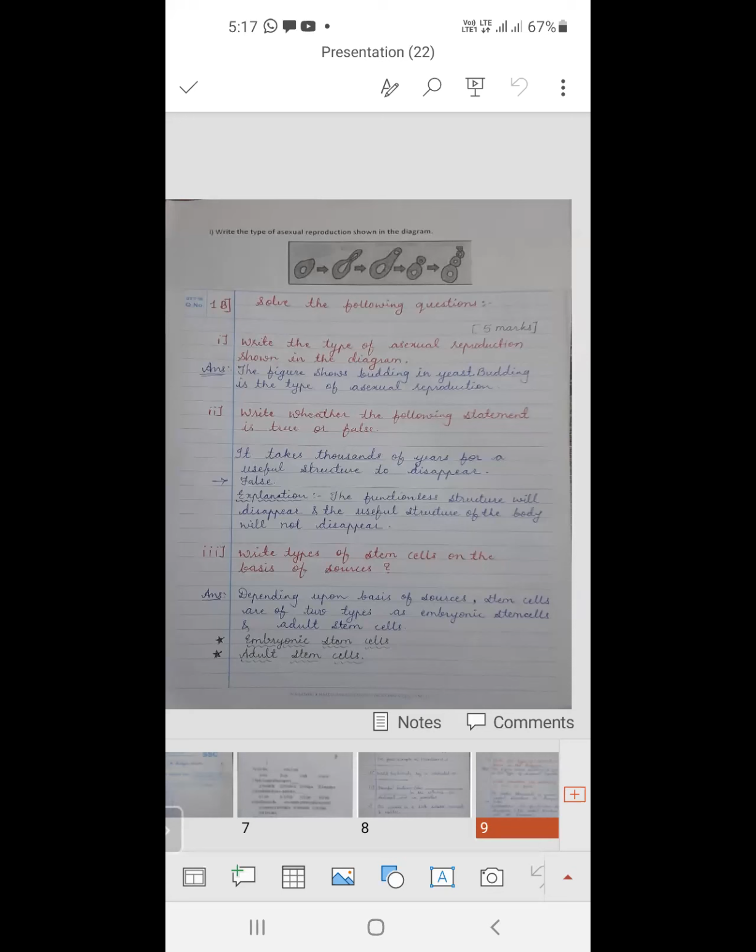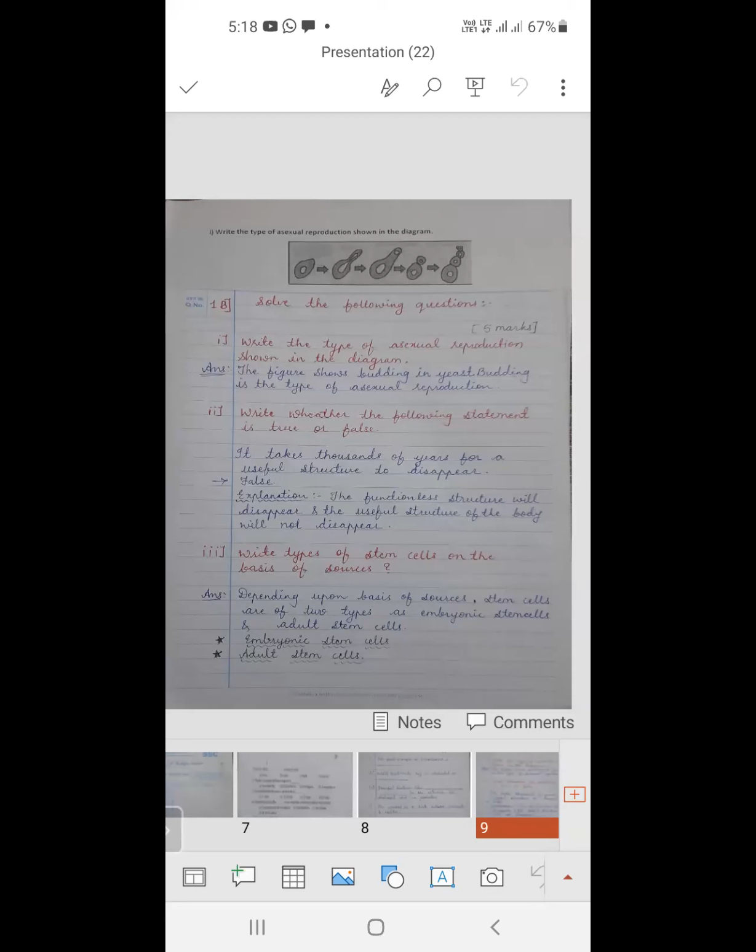We have studied that the structures which are useless get disappeared after thousands of years. We have seen vestigial organs. These are not of any use in our body. So this statement is a false statement.